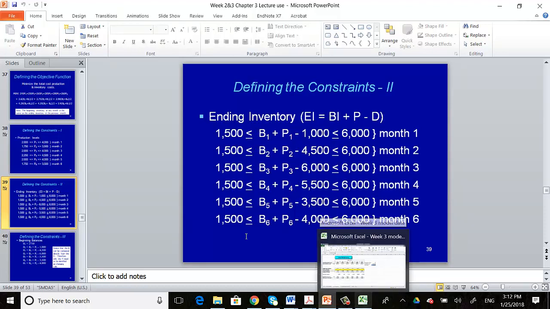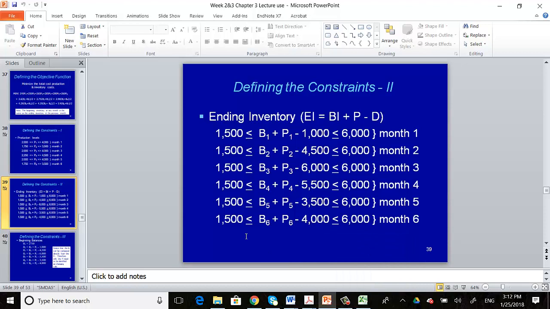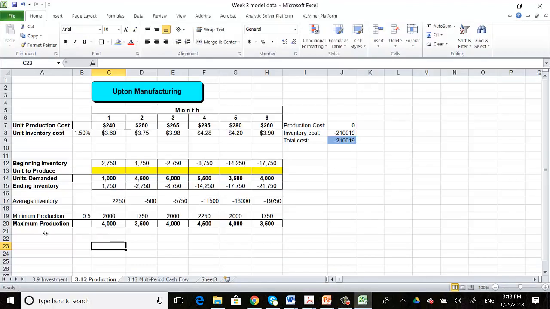Even though they are the same value, because we need six months, each month we need one. So we're going to put them in the same format here, just saying the minimum inventory and the maximum inventory. So the minimum is 1,500, that's given.